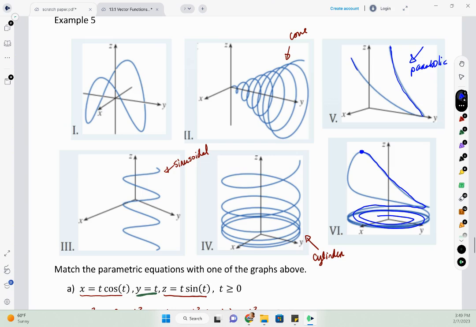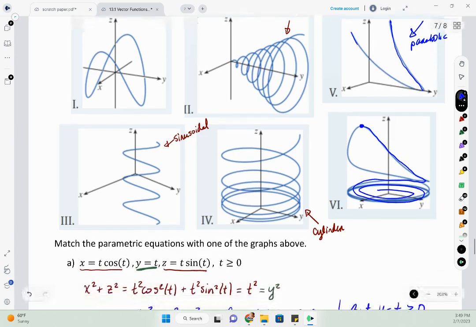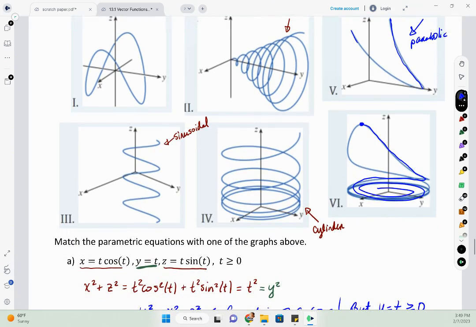The only thing I'm seeing that might be planar is this interesting sinusoidal curve that looks like it's flat. So let's go back to what our problem was.